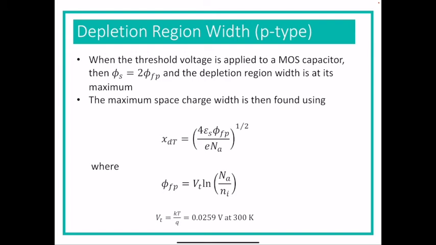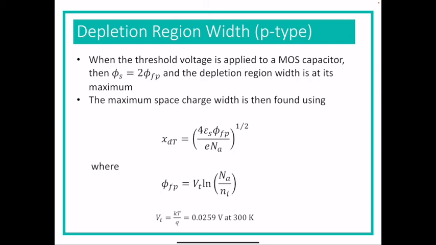And that way, we can just substitute in 2 times the work function of the bulk material, which makes our equation 4 times the semiconductor permittivity, which remember is a combination of material and the permittivity of free space, and then the work function of the bulk material divided by the charge of an electron times the acceptor concentration. And again, we can calculate the work function in the bulk material very easily.